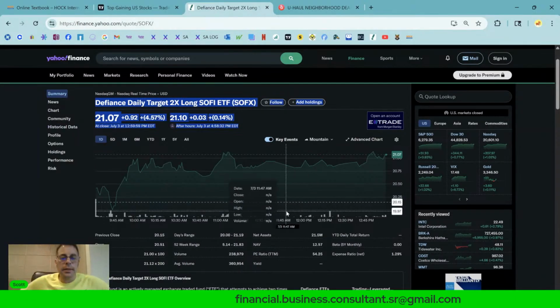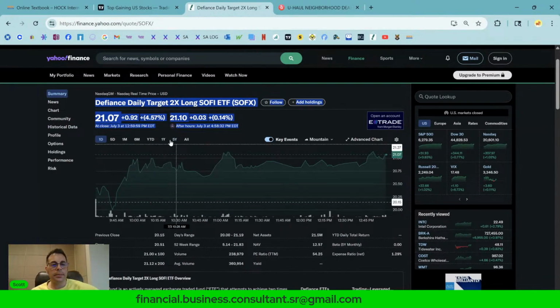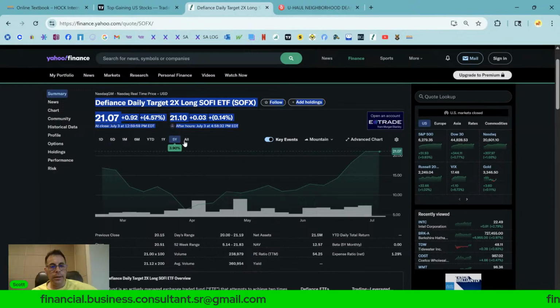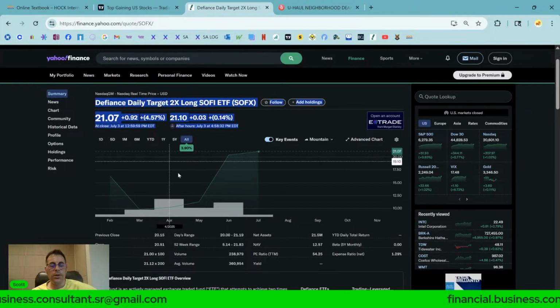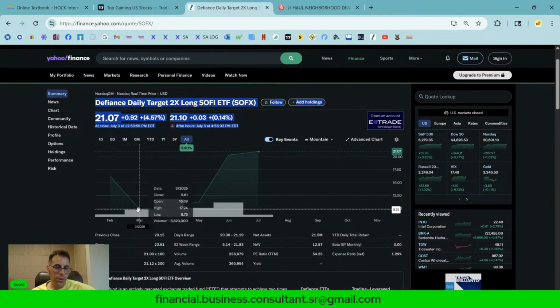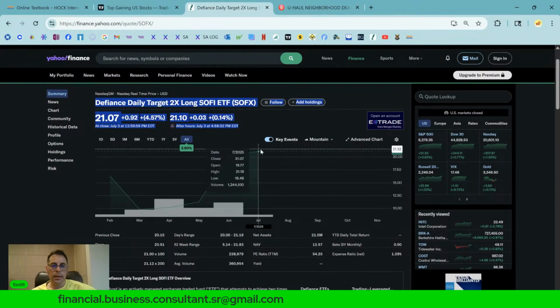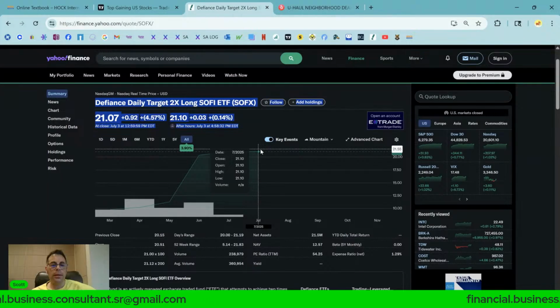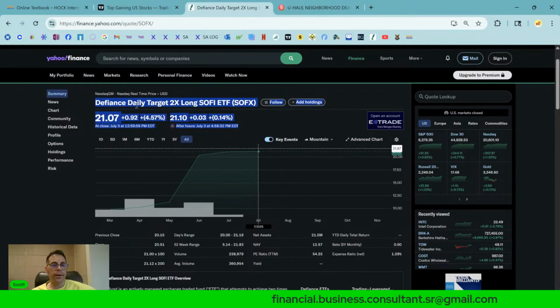Not SFX. It's interesting, I guess, to look at these things, but it's so hard to make money because you never know when to sell. I mean, it went up a lot. March 2025, it was 10, and so more than doubled in like 4 months. DeFi daily target 2x SoFi.